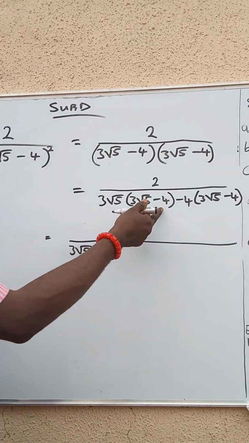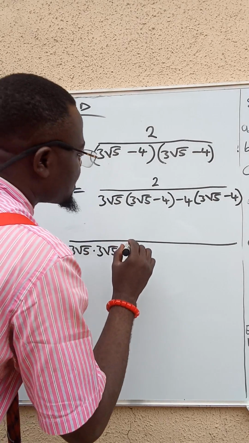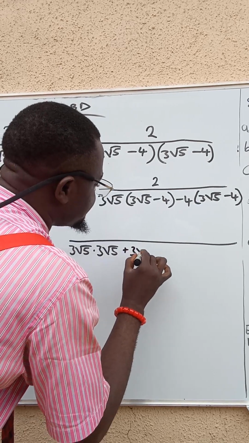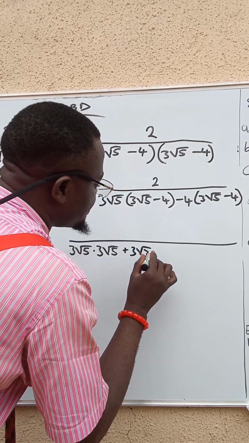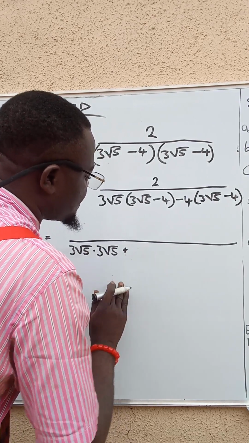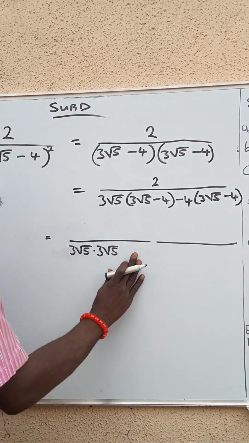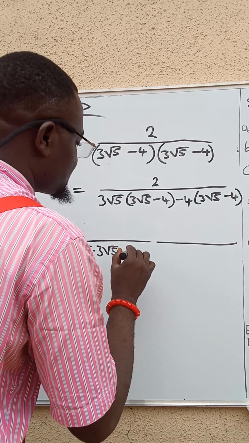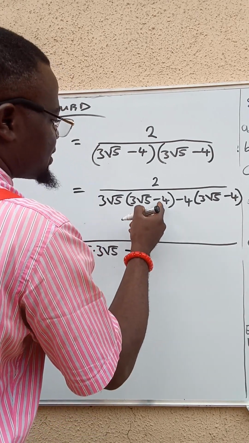This multiplying with this, I now have 3 root 5. Sorry, 3 root 5. So I have this. This sign is minus here.